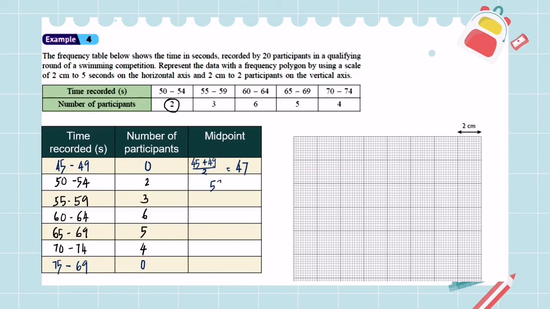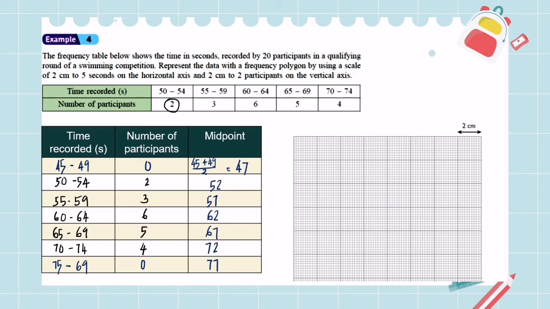So here 52, I just calculate for you. 57, 62, 67, 72, and 77. After completing the frequency table, now we need to draw the frequency polygon.